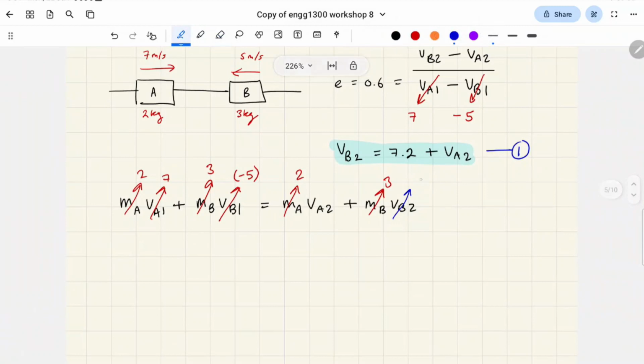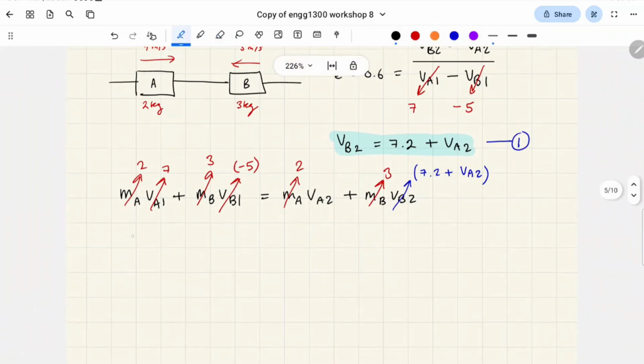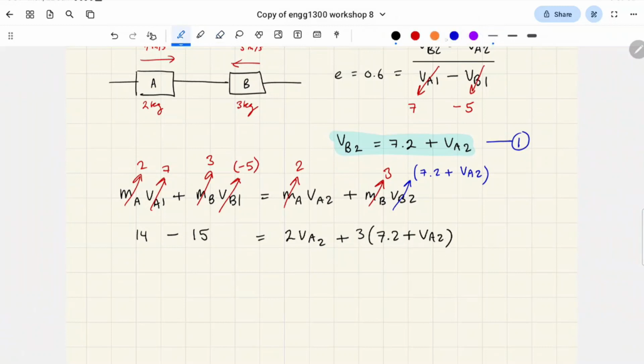You know what? I'm just going to write this. Right? And we want to group all the VAs on the same side, right?